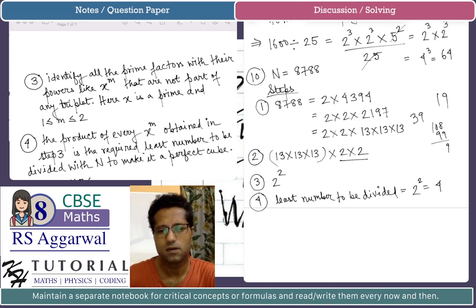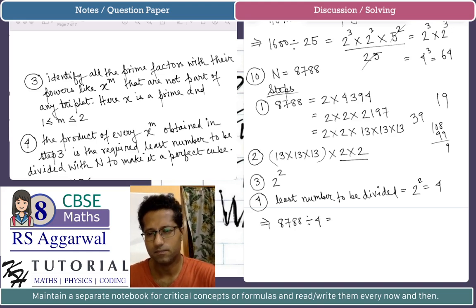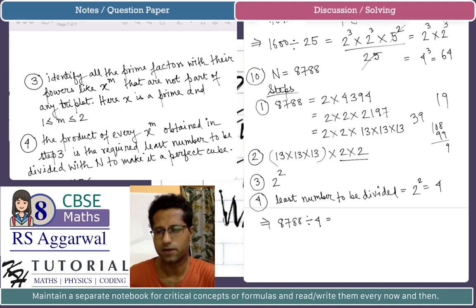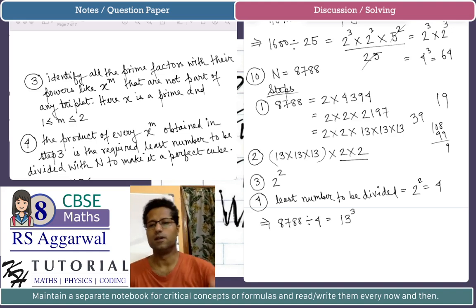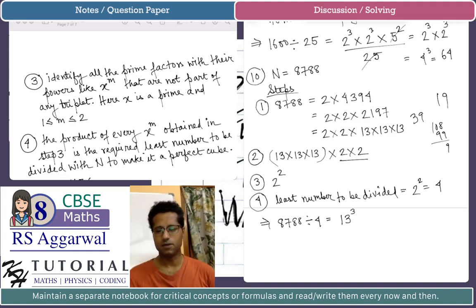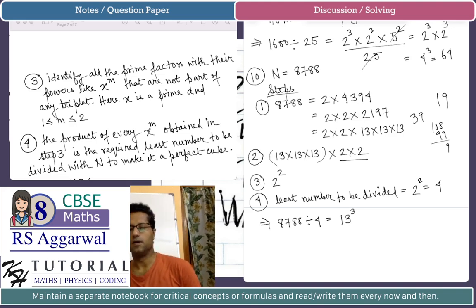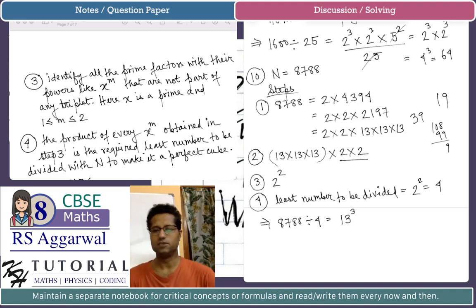And if we divide the given number 8788 by 4, what do we get? The prime factors 2 and 2 get eliminated. We are getting 13 cube. So the given number when divided by the least number 4 gives a perfect cube, which is the cube of 13.